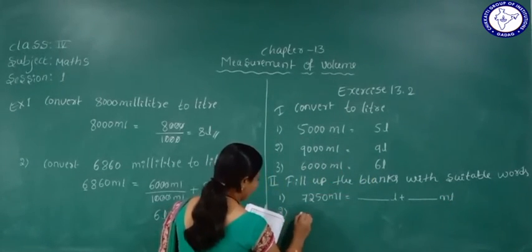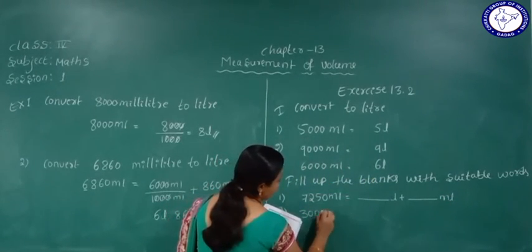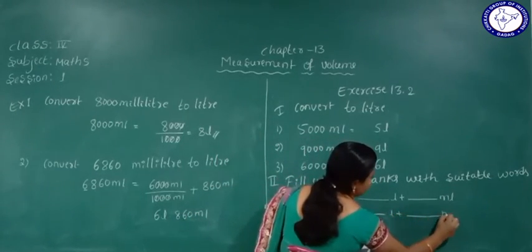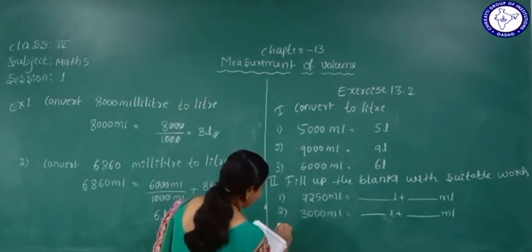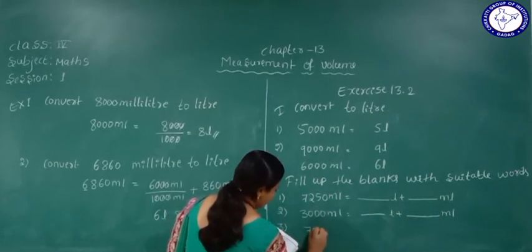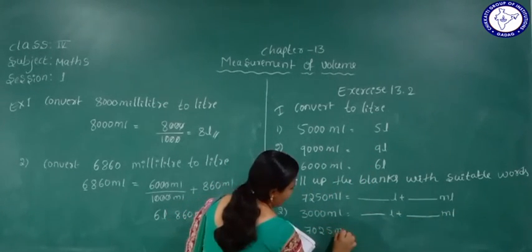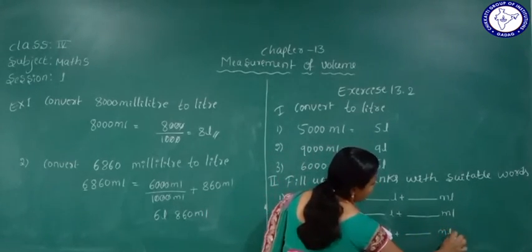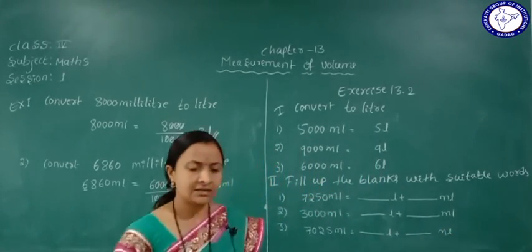Second one, 3000 ml is equal to dash liter dash milliliter. Third one, 7025 ml is equal to dash liter dash milliliter.